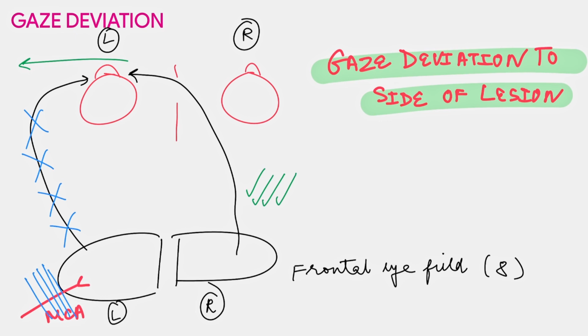If it's the trunk, the patient will have contralateral homonymous hemianopia without macular sparing, and also since it's MCA, the patient will have loss of sensation and motor weakness in the contralateral face and upper limbs. And also the gaze will be shifted towards the same side, that would be the left side, because we went with the assumption that the lesion is on the left side. So you learn so many things about MCA strokes.